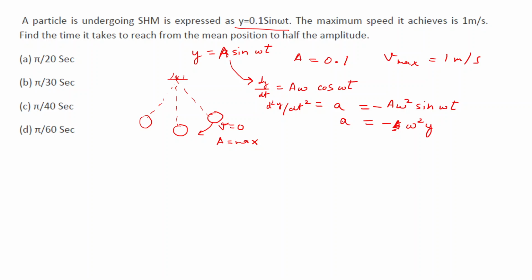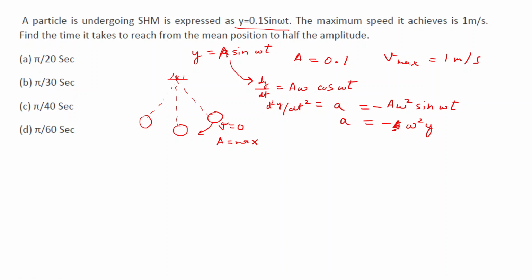What this means is the direction of acceleration is opposite to the displacement, and its dependence on displacement is like this. So when the body is moving to the right, the acceleration or the restoring force is working on the left side, and the same for when it's moving to this side.